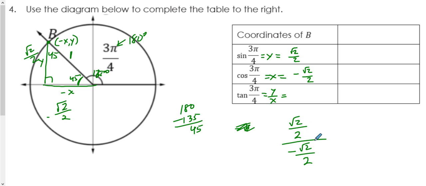I'm pretty sure you guys could figure out what this value is without doing any crazy math. We can do the crazy math version of it, but I hope you guys recognize that this is just going to be -1, because this is one number over itself, except one's positive, one's negative.